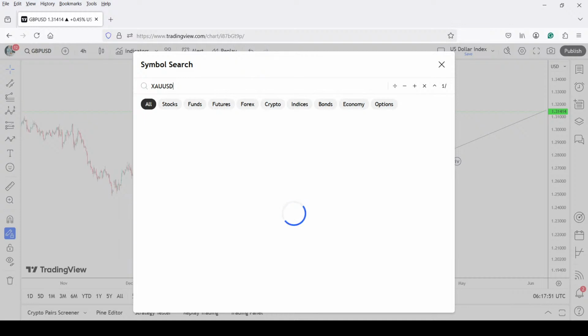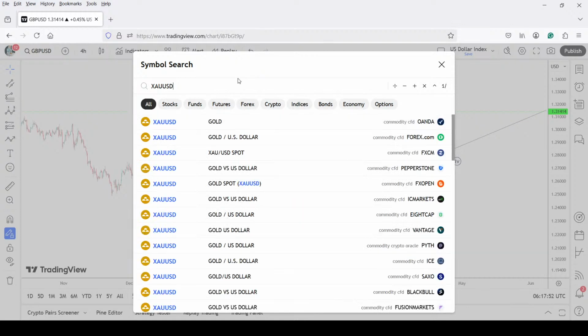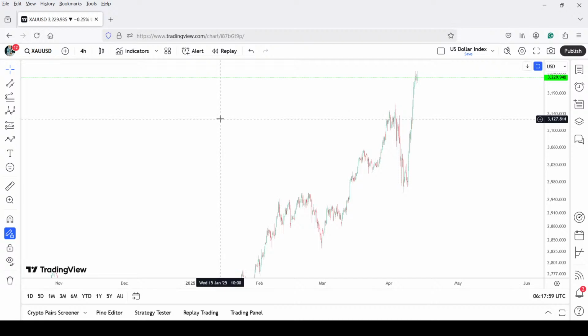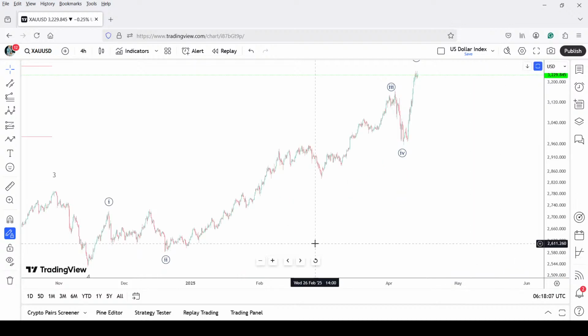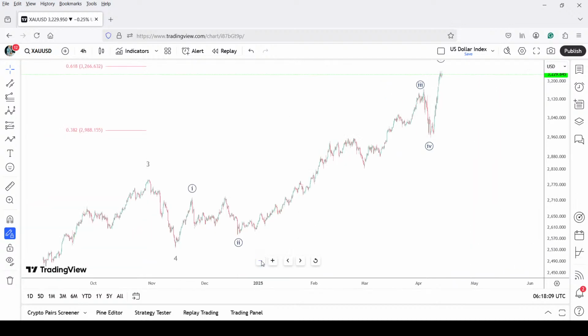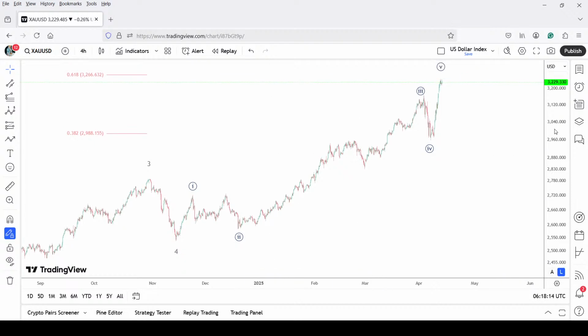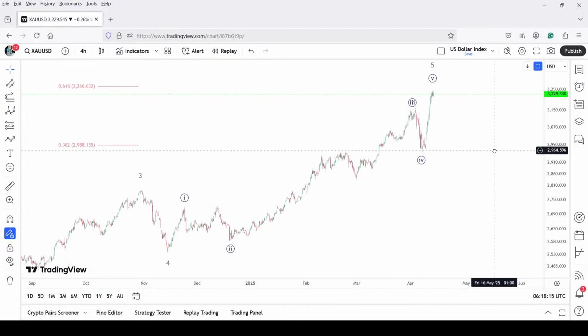As far as gold is concerned, as we discussed in the previous session as well, possibility remains for gold to enhance to further highs or fresh highs going forward.